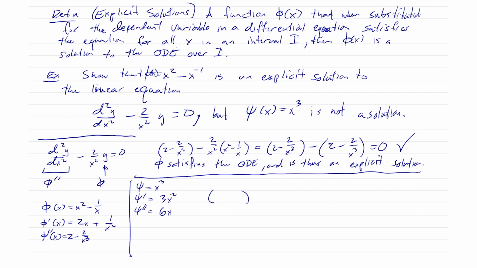Now, if I go ahead and plug those in, I'm going to have the second derivative of y minus 2 over x squared times y itself is equal to something. So putting in the second derivative, I get 6x. Putting in the original function, I get x cubed. Now let's see what these add to. I have 6x minus 2 times x, which is equal to 4x.